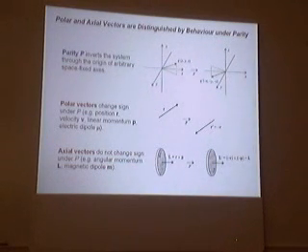Under parity, it goes to this position here. You just invert all the coordinates. Now, polar vectors change sign under parity. So typical polar vectors are position vector, velocity, linear momentum, electric dipole moment. And under parity, say a position vector will just point the other way.